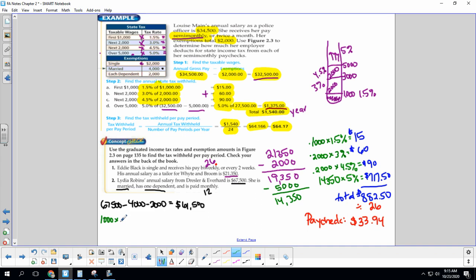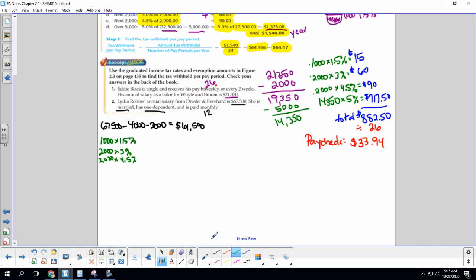Now we're going to use that to rock out our tax. So 1,000 times 1.5%, 2,000 times 3%, 2,000 times 4.5%, and anything over 5,000, so 55,500.